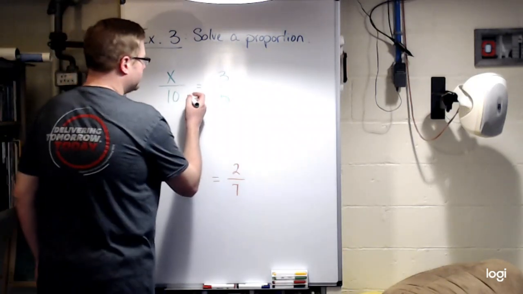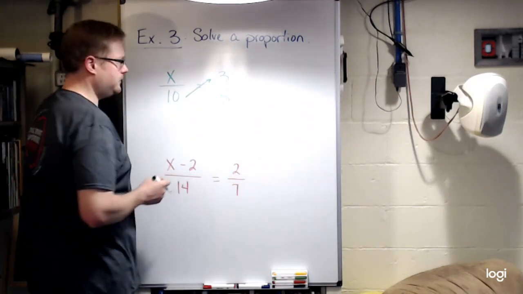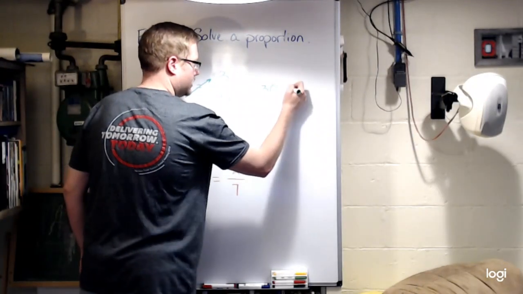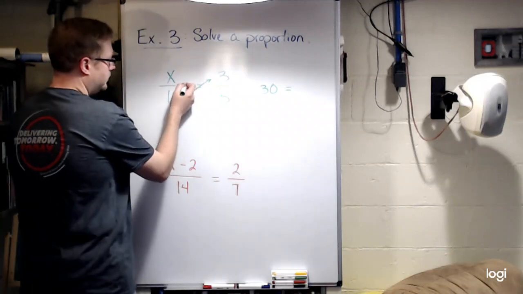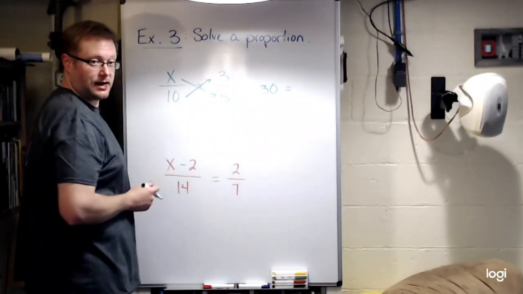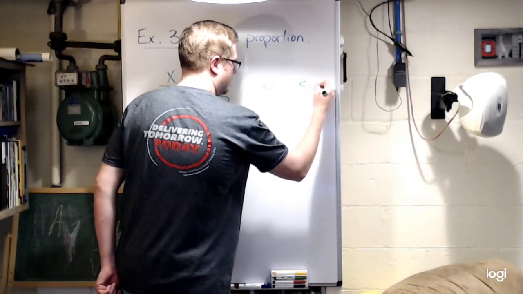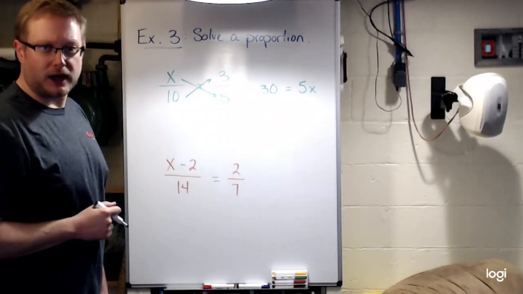So watch this. We take 10 times 3. 10 times 3 will give us 30 equals, and then we do x times 5, which will give us 5x, right? So now we've got 30 equals 5x.